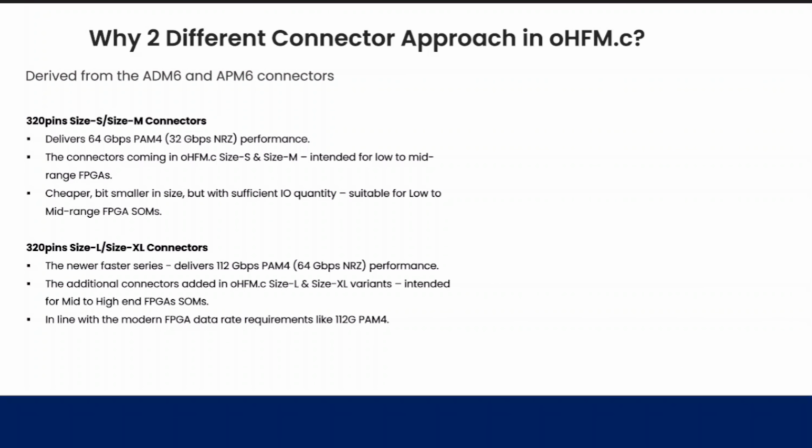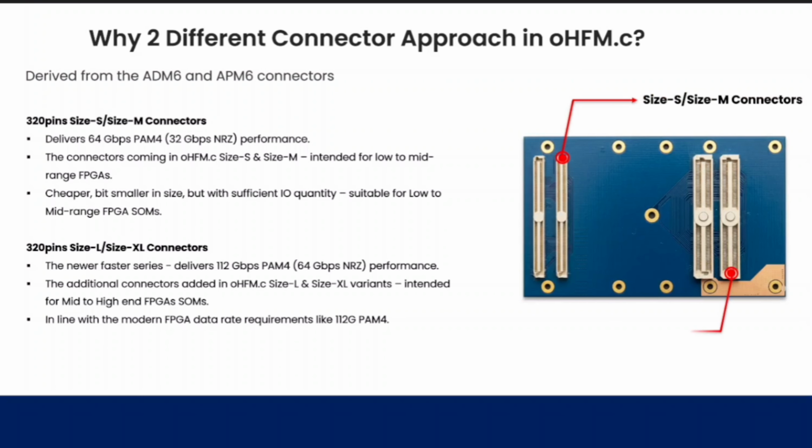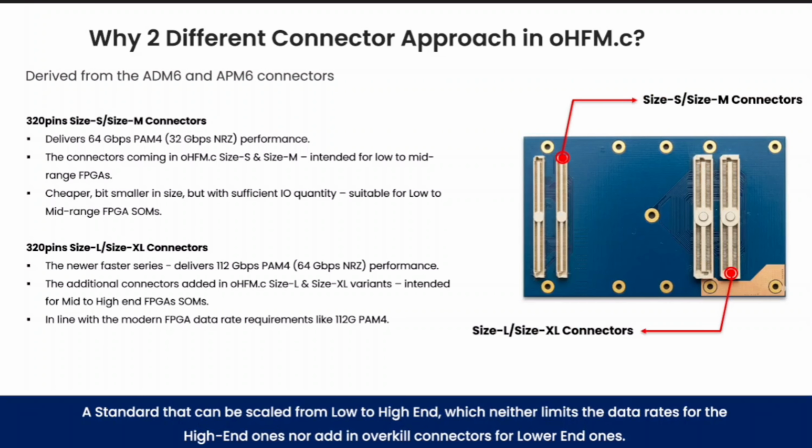So why are two different connector approaches used in oHFM? The objective of oHFM is mainly to achieve scalability and cost optimization. If we use only one connector, we would have to compromise on either performance, or cost and area.